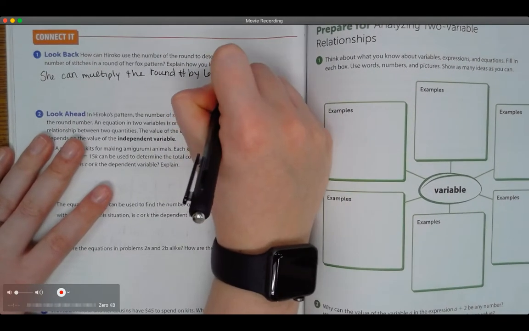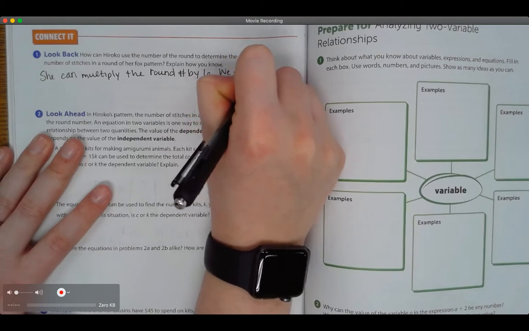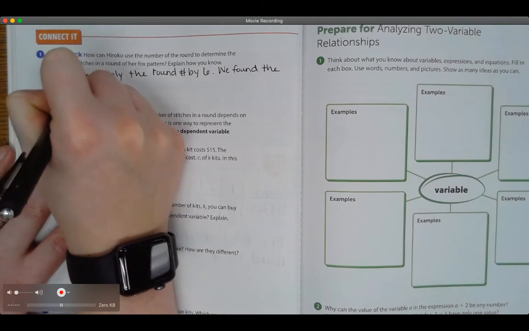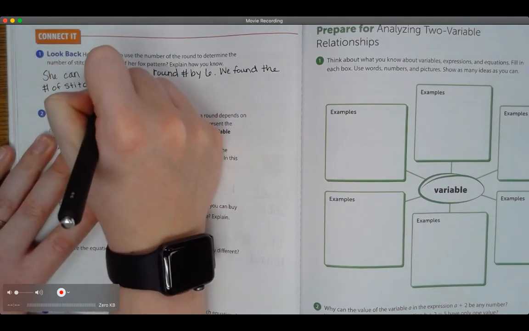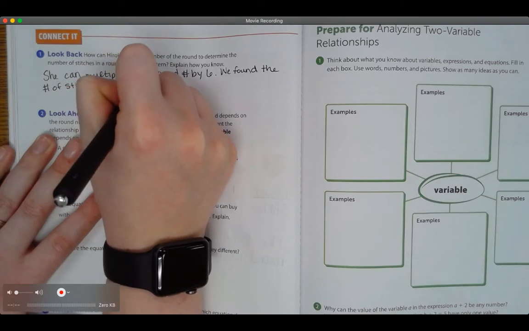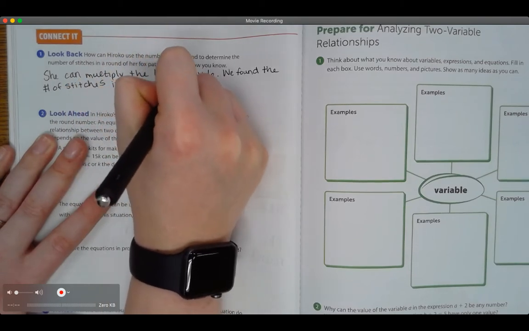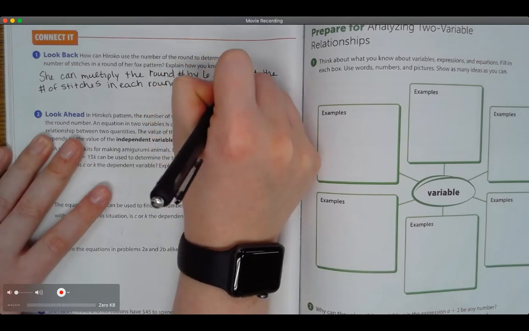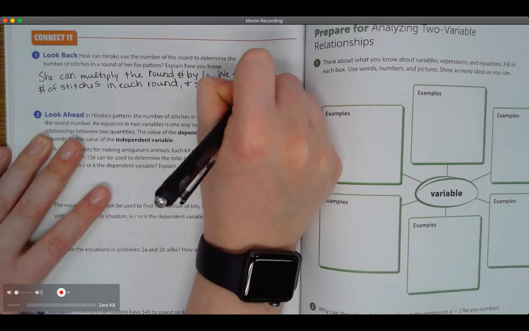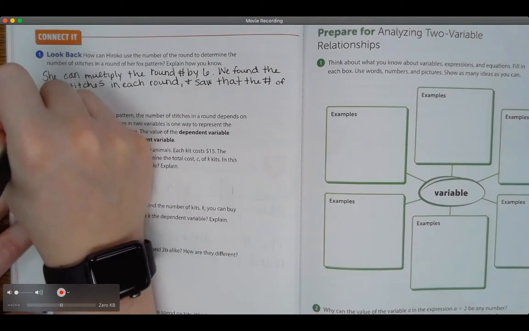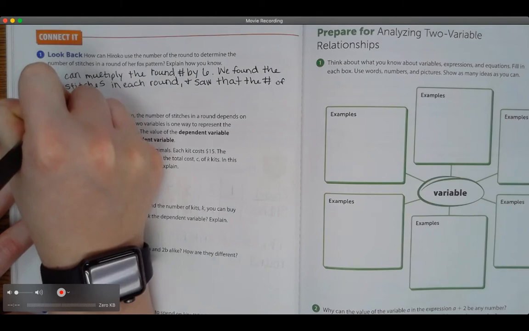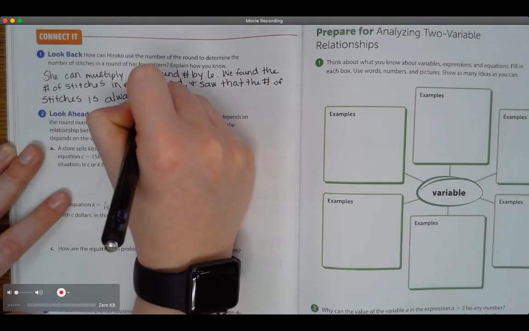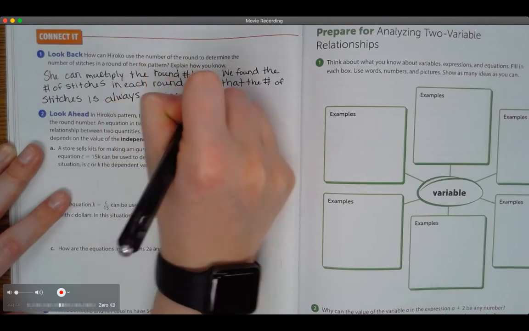So we found the number of stitches in each round and saw the number of stitches is always 6 times the round number.